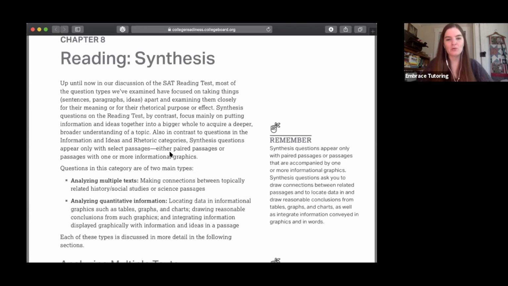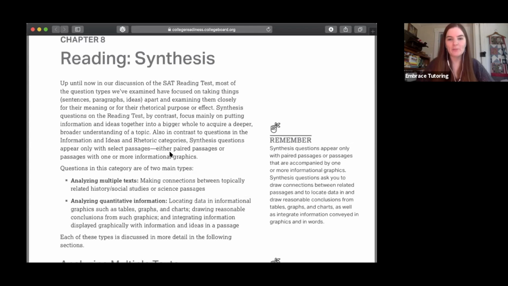They break it down into two different question types, because they focus their synthesis type questions on select passages. So you're not going to have these harder questions on every single passage.